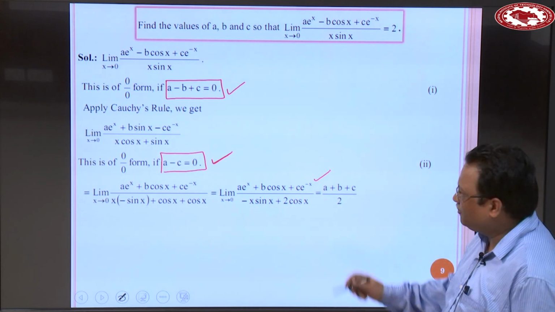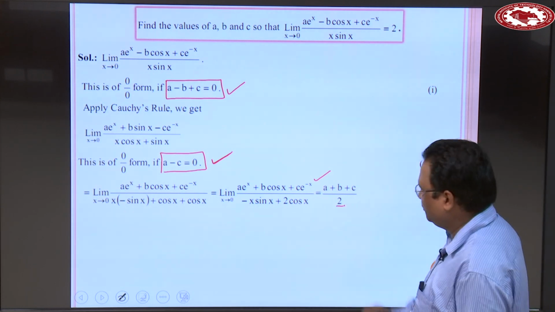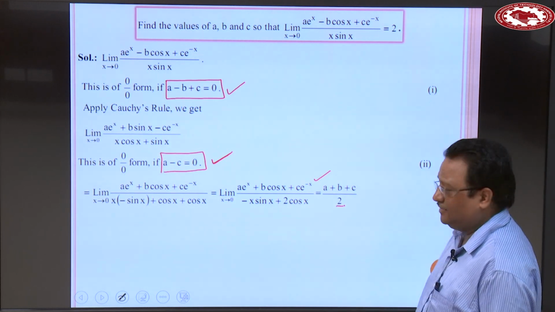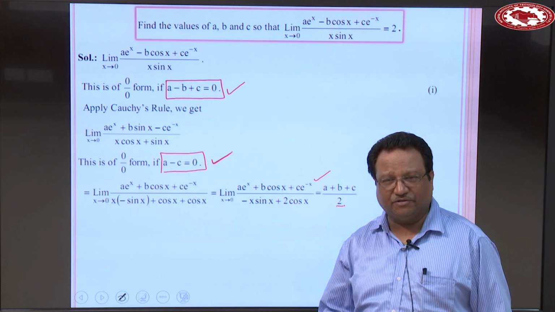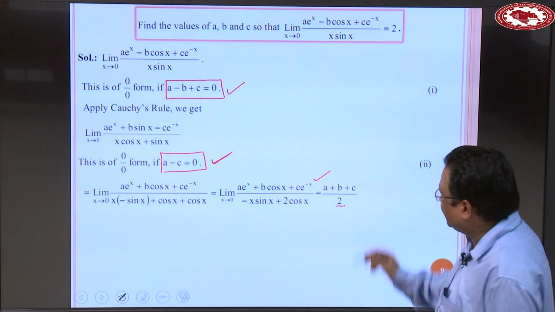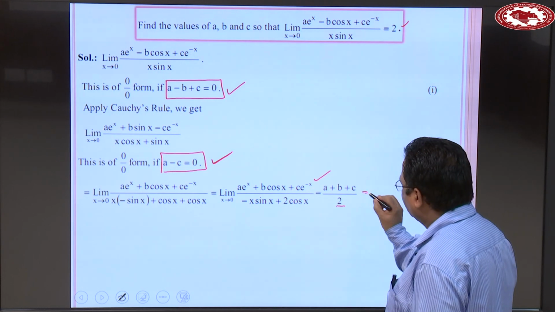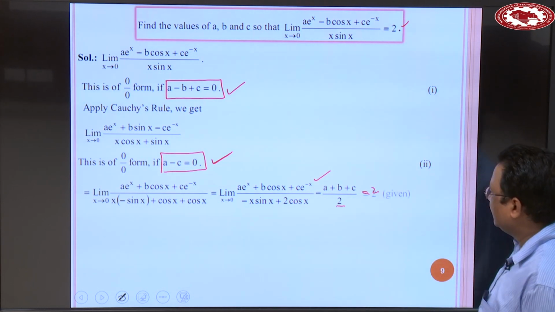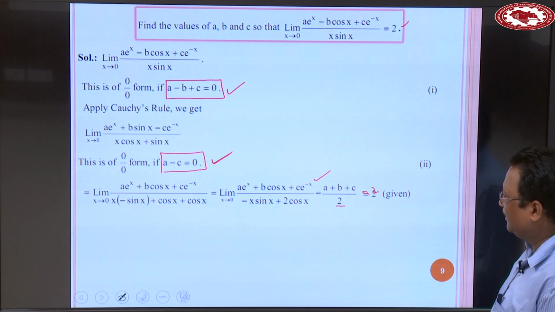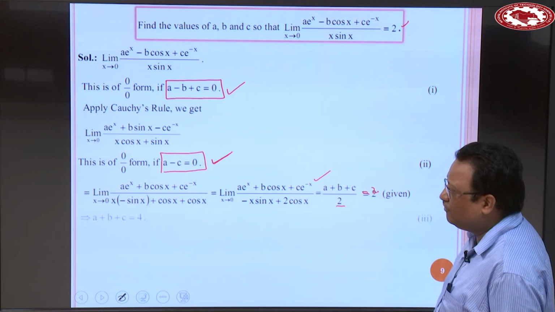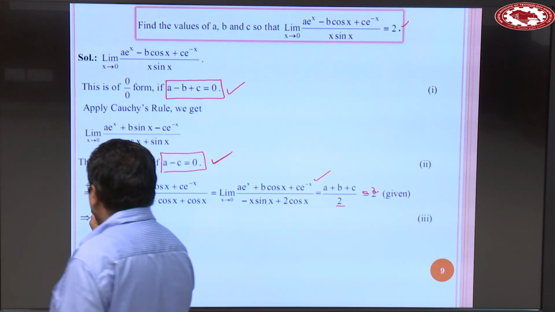The denominator is 2 and the numerator is a plus b plus c. This is not 0 over 0 form, but this value is given as 2. So the third equation becomes a plus b plus c is equal to 4.